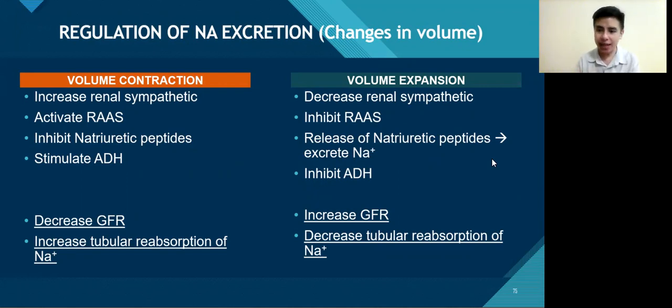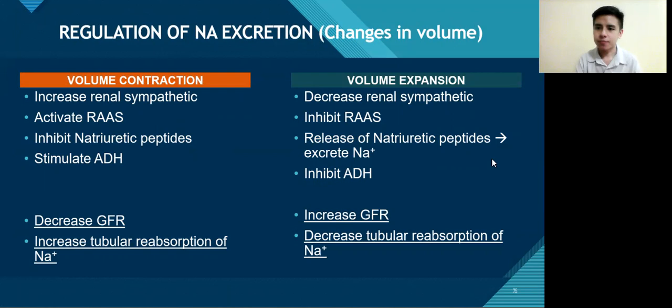ANP will be activated while inhibiting your RAAS, sympathetic, etc. Basically, handling of sodium is handling your body volume. That's how the kidney regulates it. If I want to increase my body volume, I regulate sodium. If I want to decrease my body volume, I also regulate sodium, because changes in sodium will change the osmolarity, which eventually causes volume changes as well.